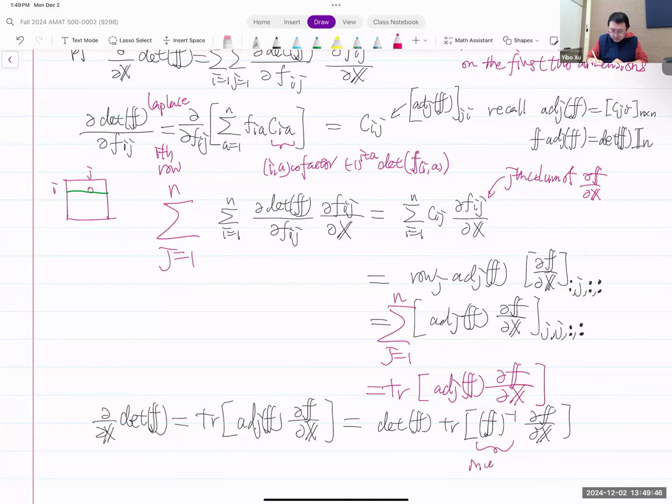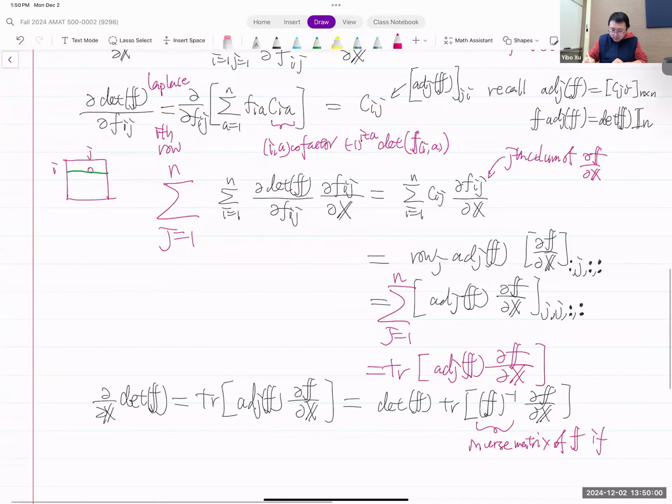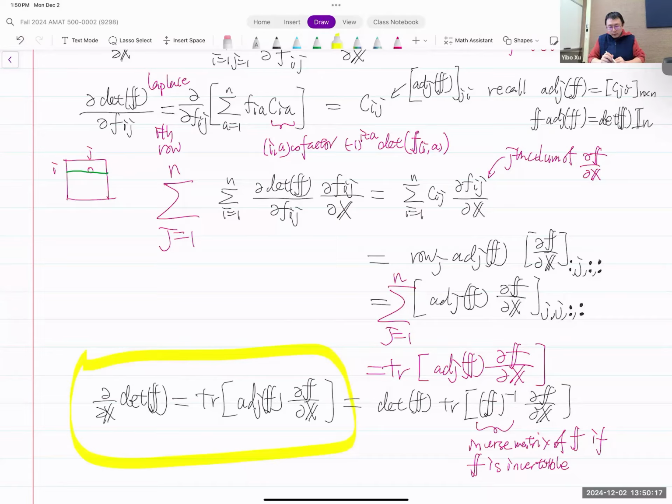This is the inverse matrix of F, if F is invertible. Here I would like to quickly mention that this equation is always true. That's what we have proved from the red line right above.